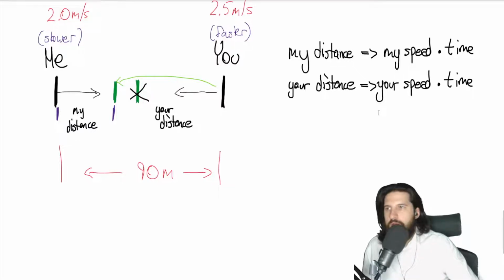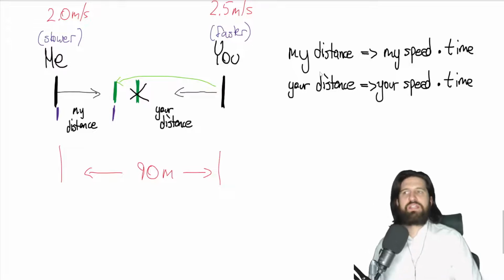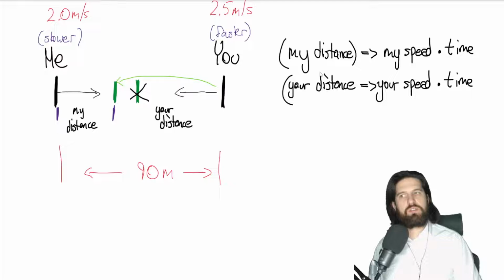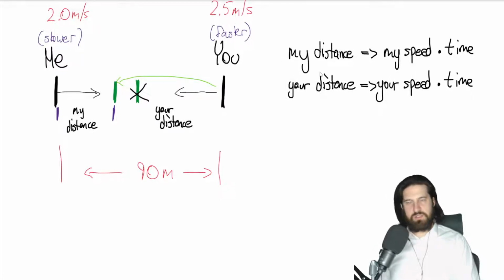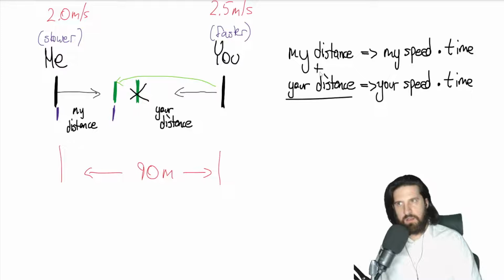Okay. And we don't really need to find what each of these are just yet, because all we know is that my distance plus your distance should add to be 90 meters. So let me write that here.